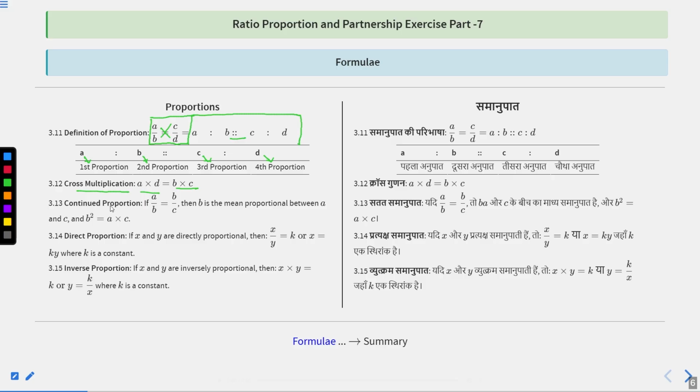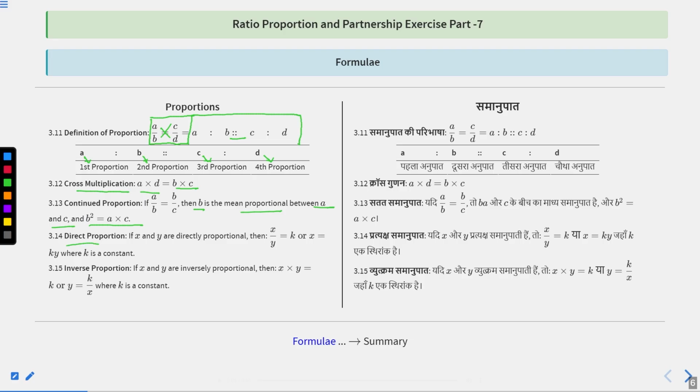Next one is continued proportion. If A upon B equals B upon C, then B is the mean proportion between A and C, and we can represent it in the form of B square equals A into C. And this is also called mean proportion, or continued proportion.